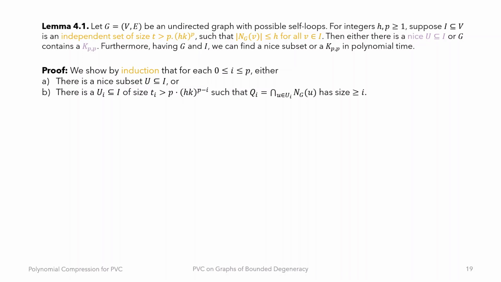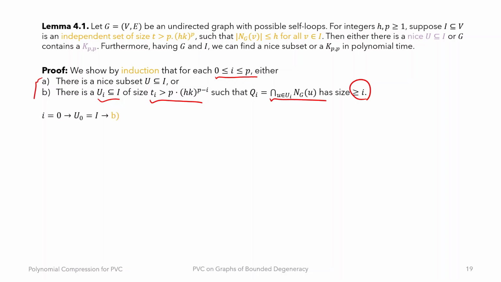The proof is by induction, and for each I between 0 and P, we prove that one of A or B is true. So there is a nice subset of size I, or there is a subset U_I that is big enough, and also the intersection of neighbors of all its vertices has size at least I. This is an intersection over all vertices in U_I, not a pairwise intersection as we had in the theorem.